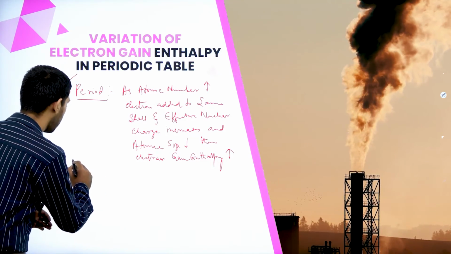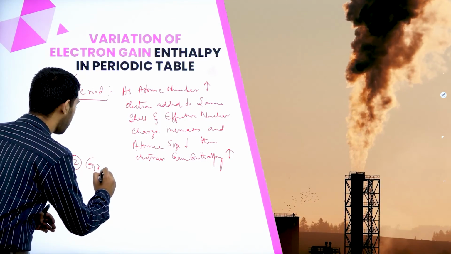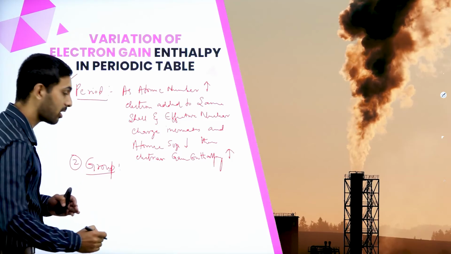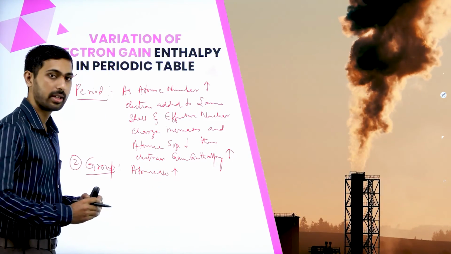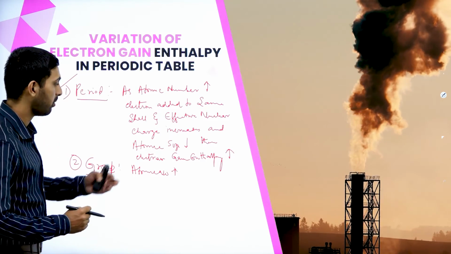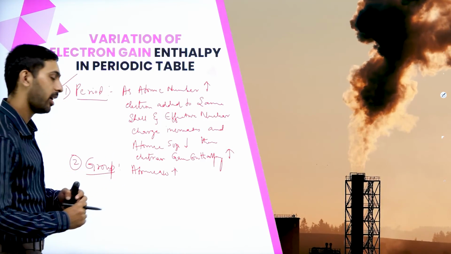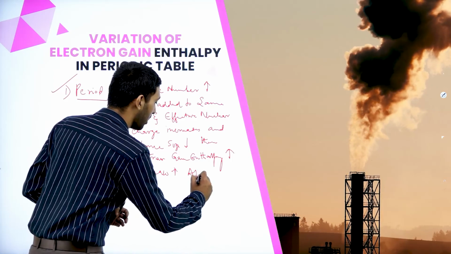But along the group, here also atomic number increases. But atomic size, what will happen? Atomic size also increases.